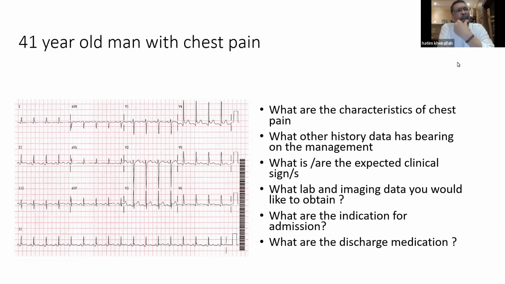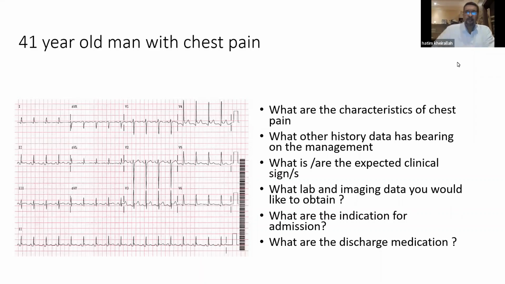Of course, you are going to ask about what points to the etiology, right? So if there is an antecedent viral infection, vaccination, trauma, autoimmune connective tissue diseases, renal failure. These are all history data which is important. Bleeding tendency, okay?